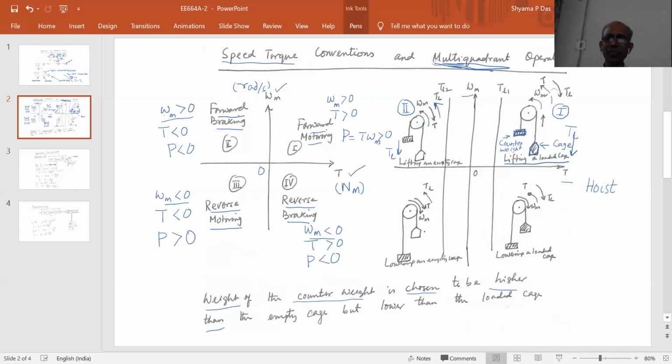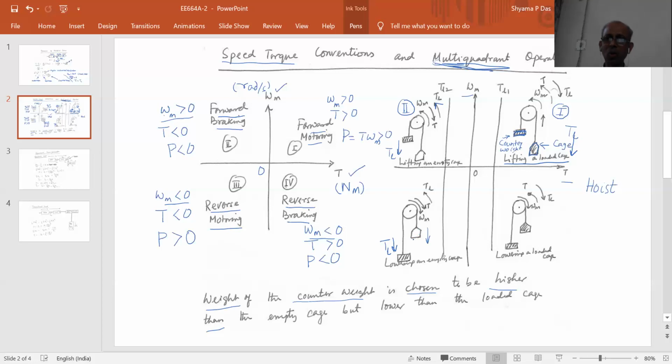In the third quadrant, we are lowering an empty cage. So the counterweight is heavier than an empty cage. So the load torque is here, basically trying to drive this pulley in the anti-clockwise direction. The motor torque has to oppose the load torque, and the speed has to be in the clockwise direction because we are lowering the empty cage.